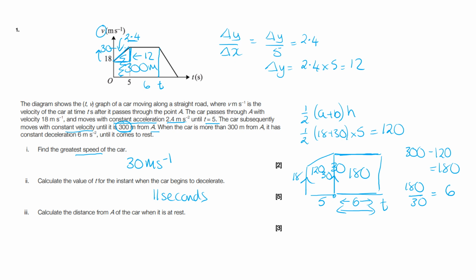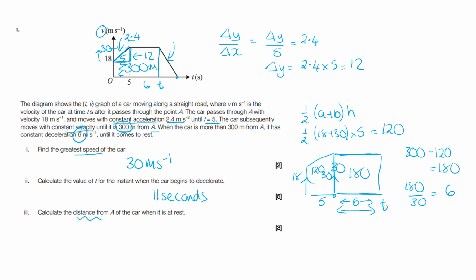Now the last part, calculate the distance from A of the car when it is at rest. Well, it's at rest when it gets to 0 speed there. So all we need to do to find the distance is calculate this extra bit of distance, which is the triangle on the end. And the next bit of information it tells us is that the deceleration is 6. So we have got another gradient here.